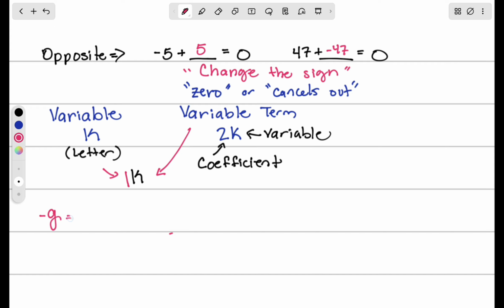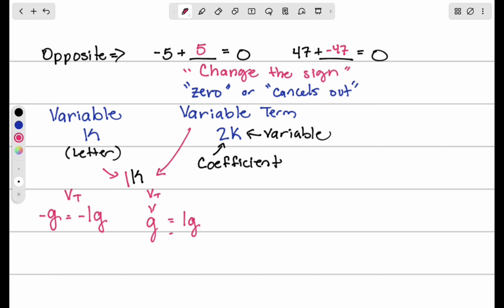It has a 1 in front, so that's negative 1g. That's why negative g is a variable term only. All right? But regular g, it could be a variable and a variable term. All right? Because it has a what in front of that g?